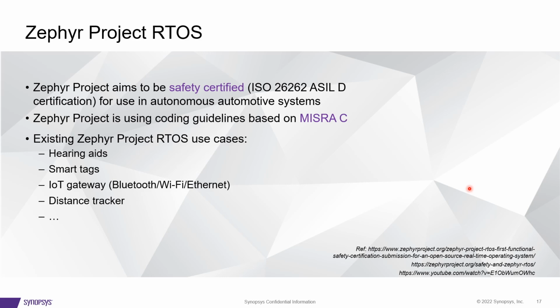And although Zephyr is not used in automotive applications today, there are several existing Zephyr Project RTOS use cases, such as hearing aids, smart tags, IoT gateways using Bluetooth, Wi-Fi, Ethernet, and distance trackers. Therefore, the Zephyr project would be a good project to use as an example for this particular implementation of fuzz testing into the CI pipeline.